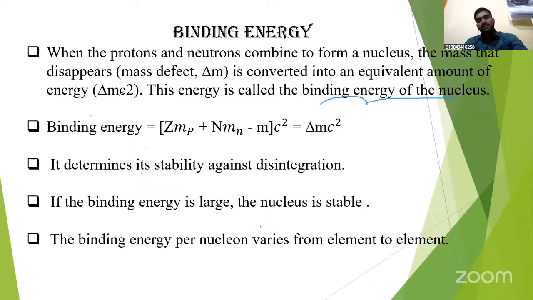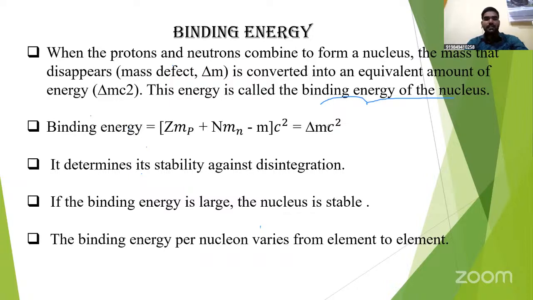That is mc square, Einstein's relation: delta M c square, where delta M is the mass defect. The binding energy B is equal to Z times mp, number of protons into mass of the proton, plus number of neutrons into mass of the neutron, minus small m, the nuclear mass, times c square. That is delta M c square.